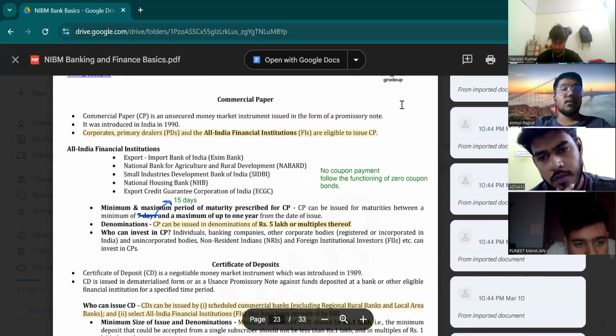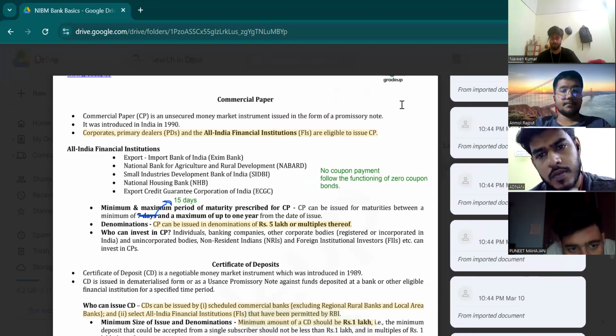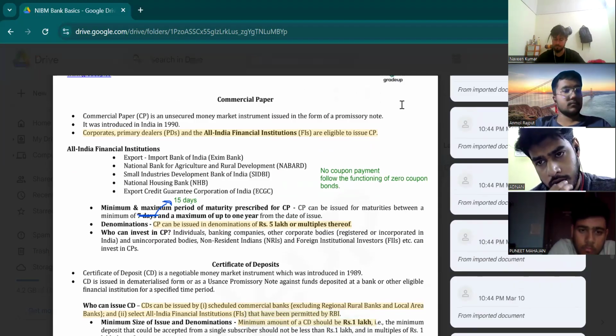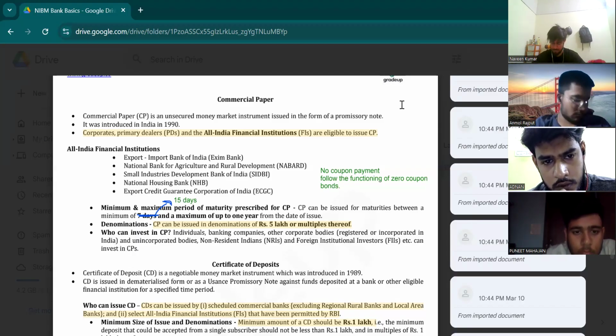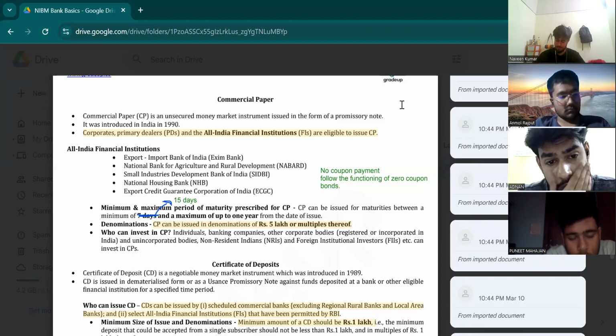The government issues T-bills, but what will corporates do? Corporates will issue commercial paper. Corporates, primary dealers, and all India financial institutions issue commercial papers. The minimum investment in commercial paper is 5 lakh rupees, and retail investors can also invest.